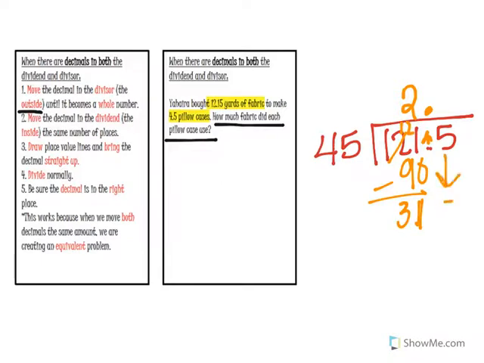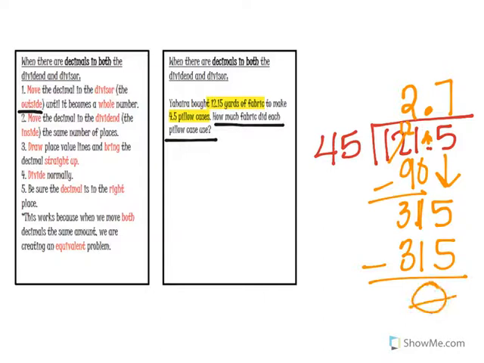Then we bring down our 5. 315 divided by 45 gives us 7. We subtract, and we get 0. So she can make 2, or the pillowcase uses 2 7/10 yards of fabric.